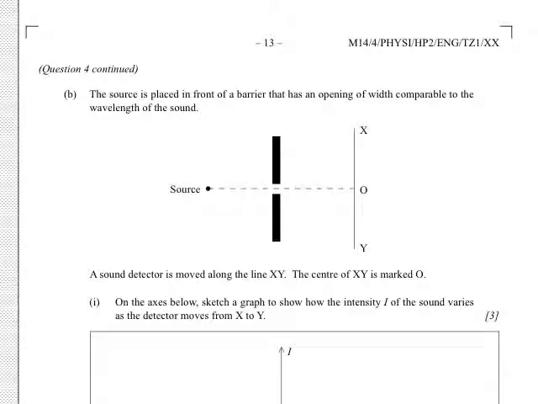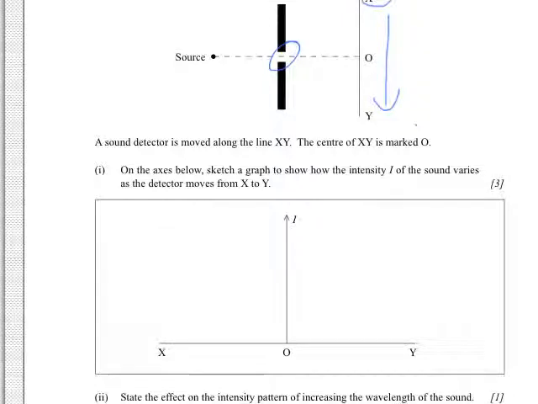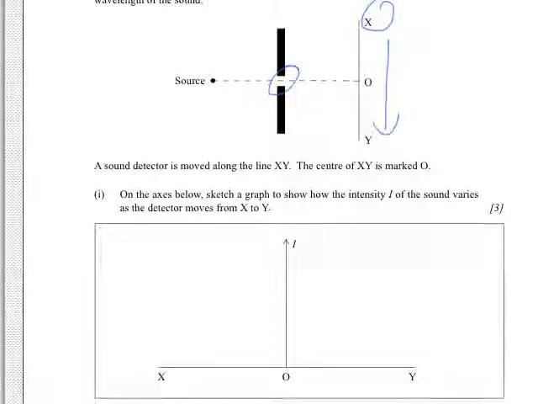Okay, so part B, we now have a diffraction question. We have a single gap, but this is sound wave diffraction. The sound detector moves along x, y, and what we need to plot first is a diffraction intensity pattern as the detector moves from x to y.